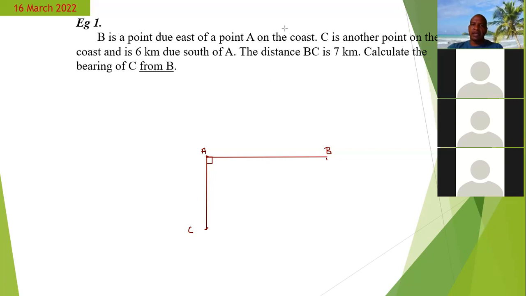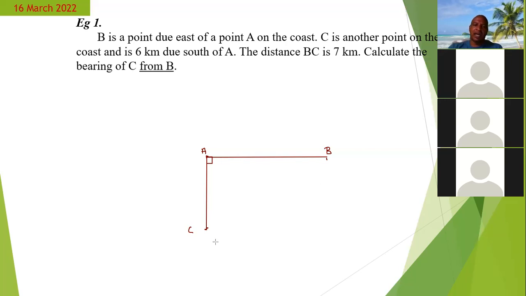So what next now, Mr. Lamar? So it says the distance of BC is 7 kilometers. Calculate the bearing of C from B. All right, so we know that distance BC is 7 kilometers.